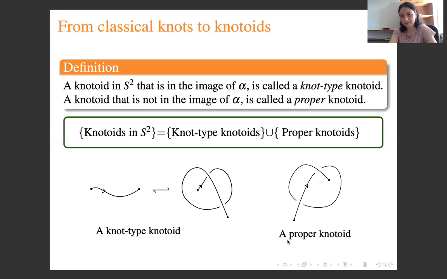So I just wrote that this represents a proper knotoid. Here we have no possibility to bring the endpoints into the same region under the isotopy of knotoid diagrams. But we need to prove that, and it will be clear in the next slides. We need some more tools to show that this is really a proper knotoid.